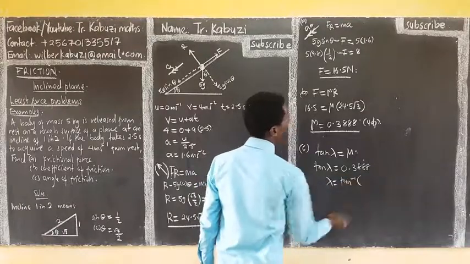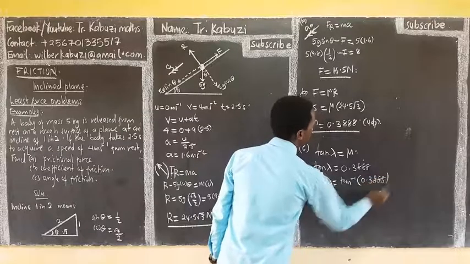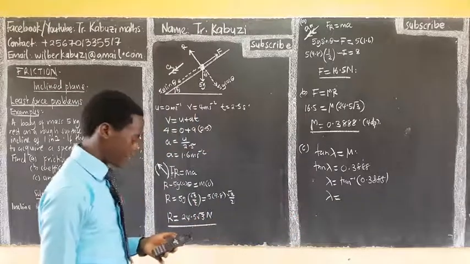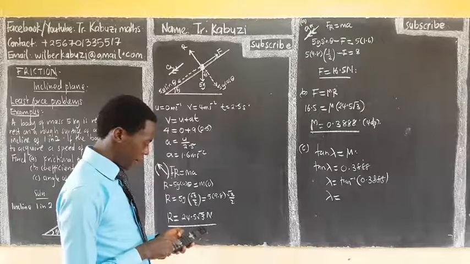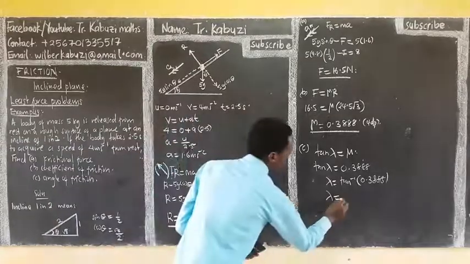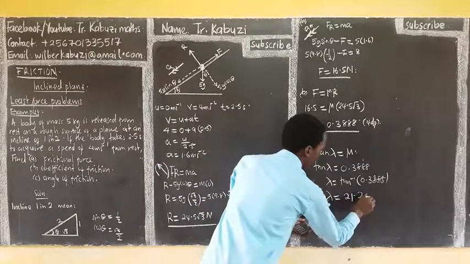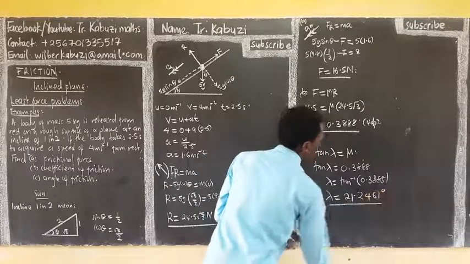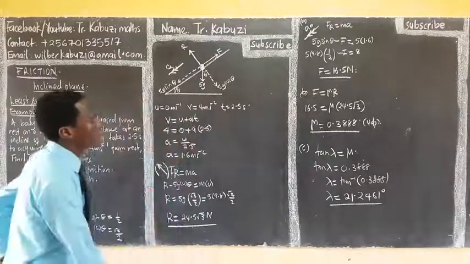But you are free to skip these steps; I'm doing so that people can follow. My lambda is equal to that, so the angle of friction is going to be 21.2461 degrees, which you can give to the small basis. So that's how we handle that.